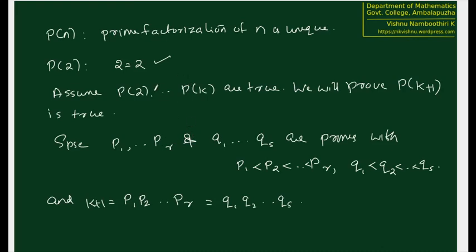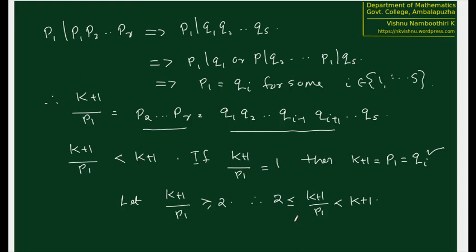The assumption is that P(2) up to P(k) are all true, and now (k+1)/p1 is less than or equal to k. Therefore (k+1)/p1 will have a unique representation as a product of primes. Therefore p2, etc., up to pr and q1, q2, etc., qi minus 1, qi plus 1, etc., up to qs must be the same.